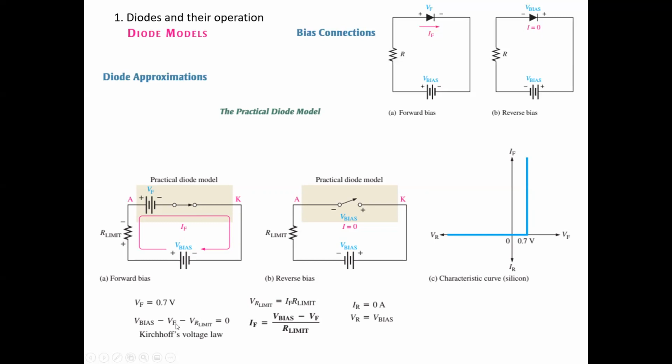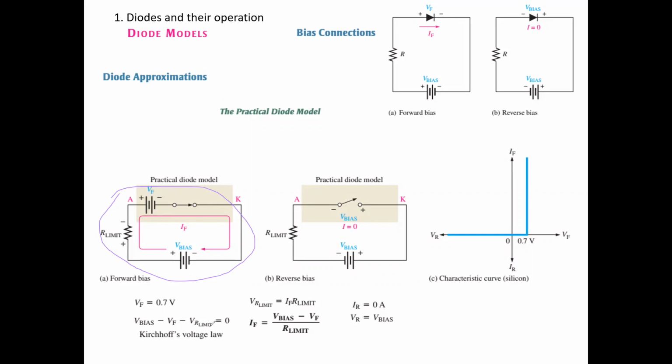Now when we look at this, if you apply Kirchhoff's voltage law to this loop over here, we have a voltage rise, that is V bias, and also a voltage drop, that is this resistor voltage, and also we have this voltage VF, that is a positive to negative voltage drop.